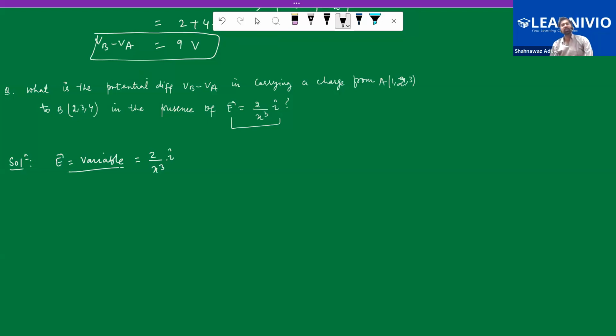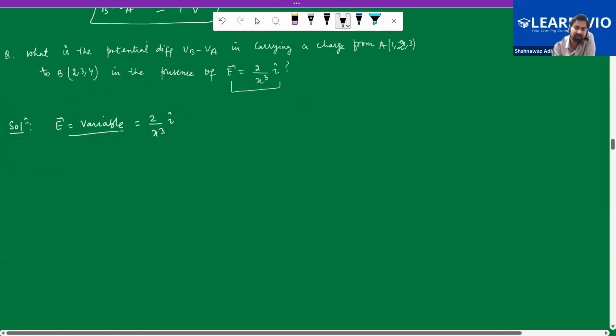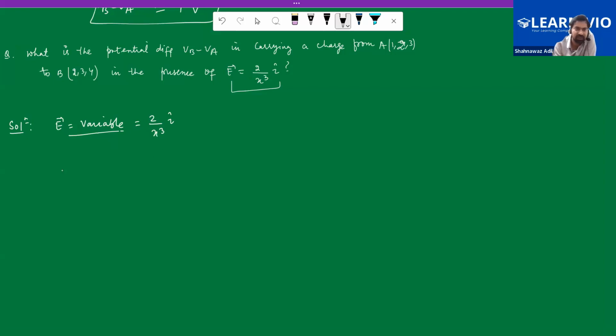What is the potential difference in carrying a charge from A to B in the presence of this field? Let us calculate that. The electric field is only in the x direction, so dr would be simply dx i, because the other parts are zero.